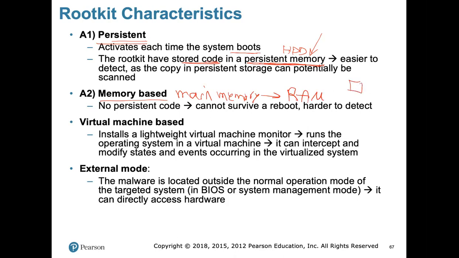So we have the CPU, and next to the CPU we have main memory, and a portion of this is the code of the rootkit. The rootkit code is here, and of course it's a resident code. It is being executed like the operating system, and it has the same privileges that your operating system has.